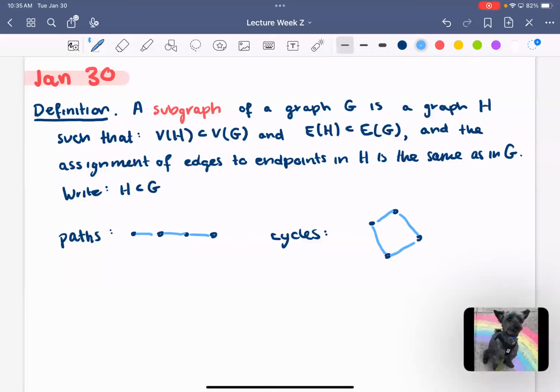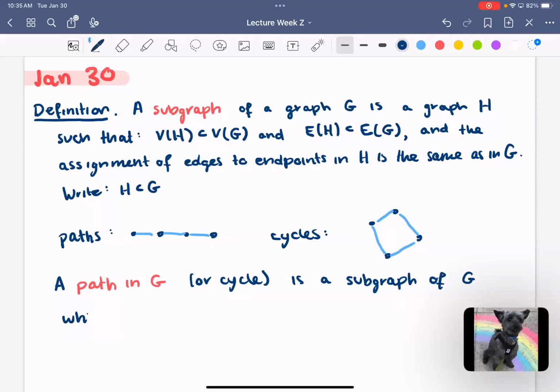So a path in a graph G is a subgraph which is a path, and similarly for cycles. Maybe I'll write that down. A path in G, or a cycle in G, is a subgraph of G which is a path, and same thing for cycle.